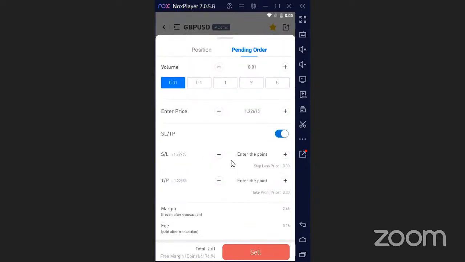For the stop loss, you want to enter it correspondingly. So for our stop loss, we have 1.22701. And for our take profit, we have 1.21657. After entering everything perfectly, then you click on sell.